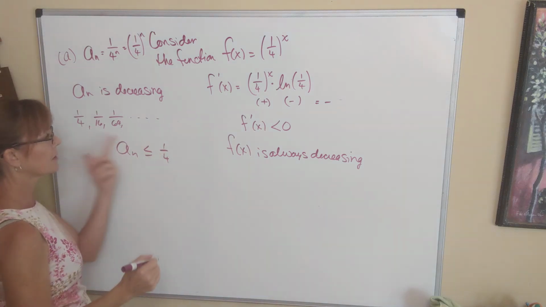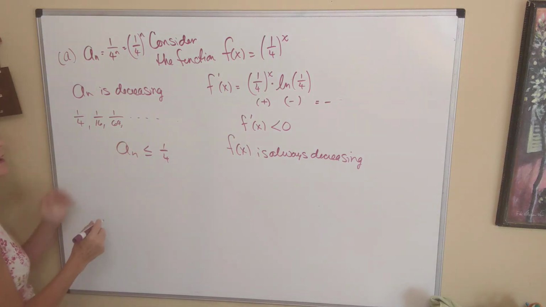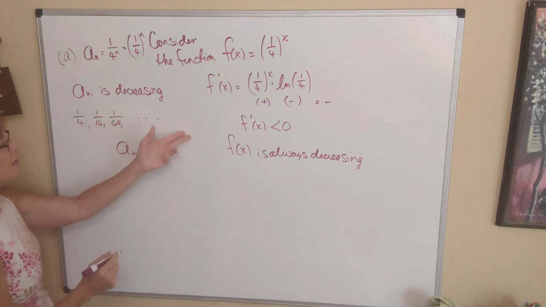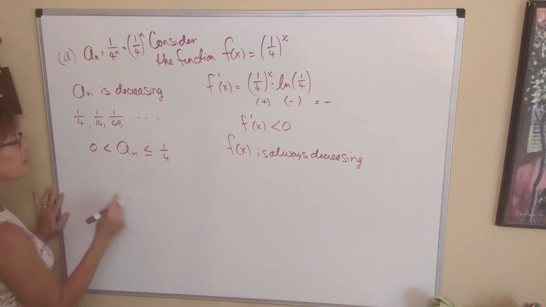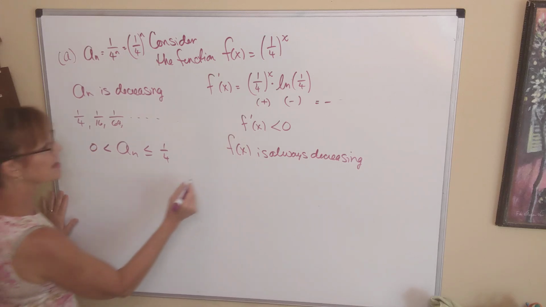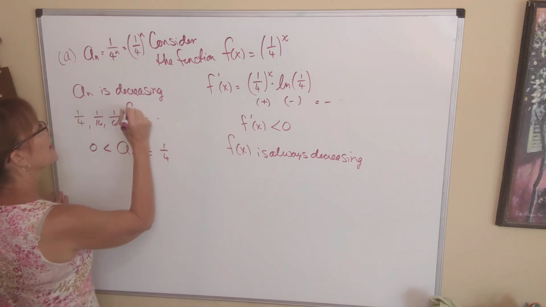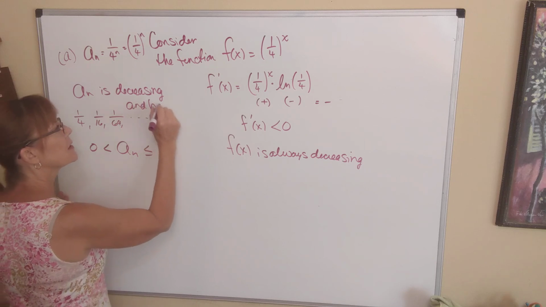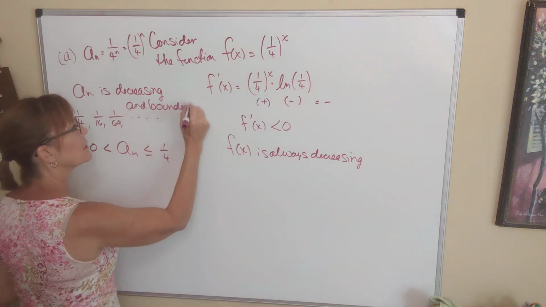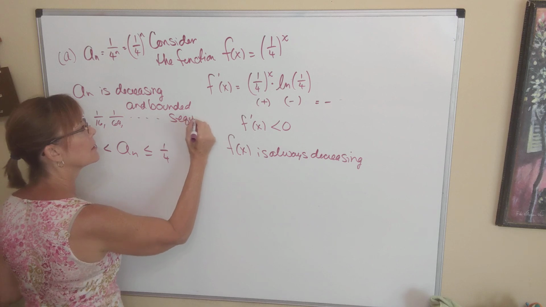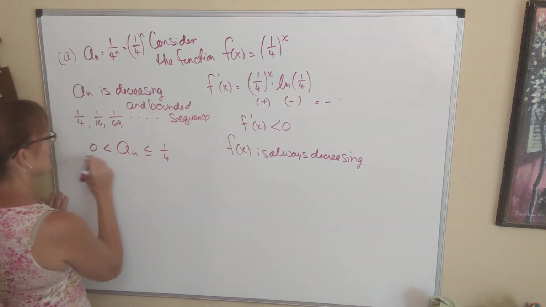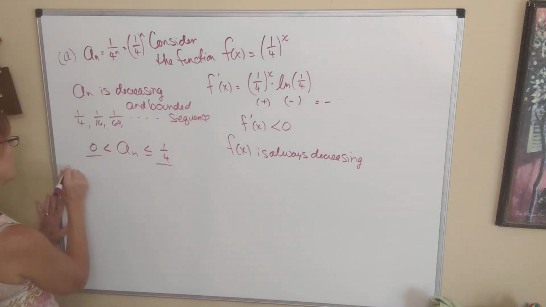All these other terms are going to be less than that, right? But these are always positive. We're never going to get to 0. So yes, it's bounded. It's always decreasing, and it's a bounded sequence. And this is what it's bounded by.